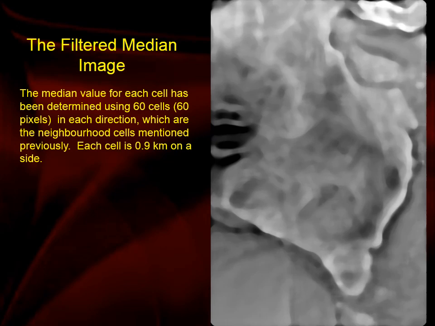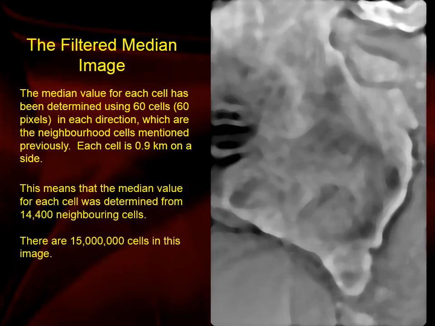This is the filtered median image for Eastern Australia. The median value for each cell has been determined using 60 cells, 60 pixels, in each direction, which are the neighborhood cells mentioned previously. Each cell is 0.9 of a kilometer on a side.